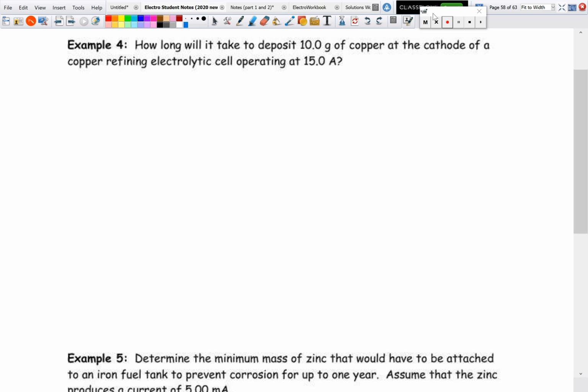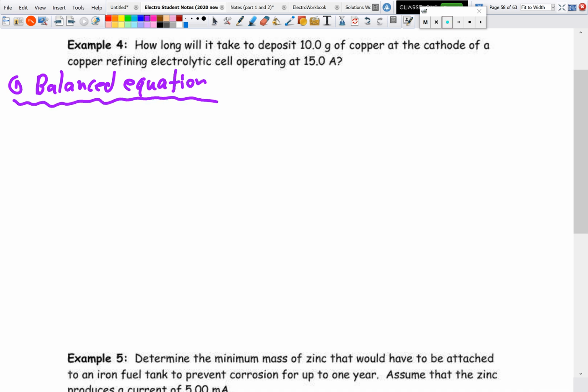So for example 4, it says, how long will it take to deposit 10 grams of copper at the cathode of a copper refining electrolytic cell operating at 15 amps? So our first step is always step 1, get our balanced equation.